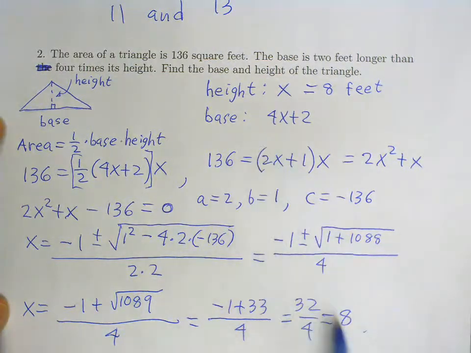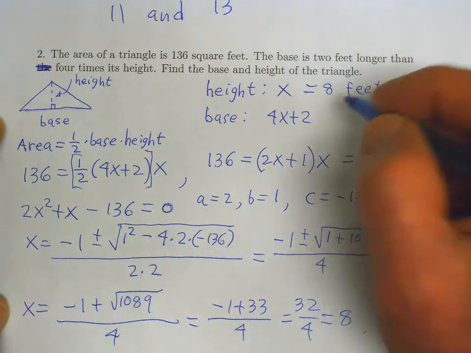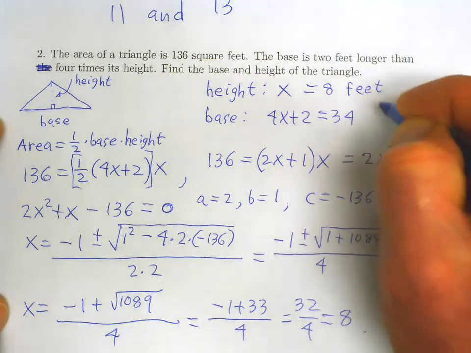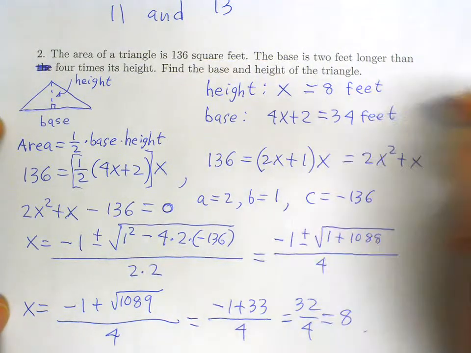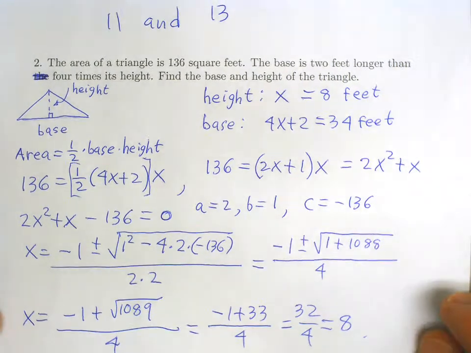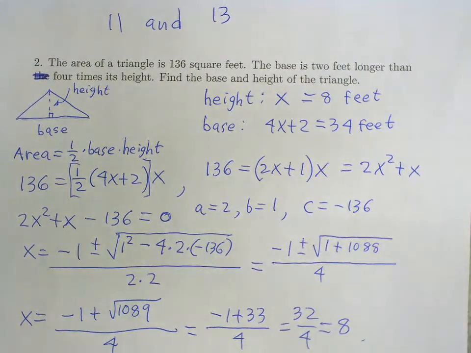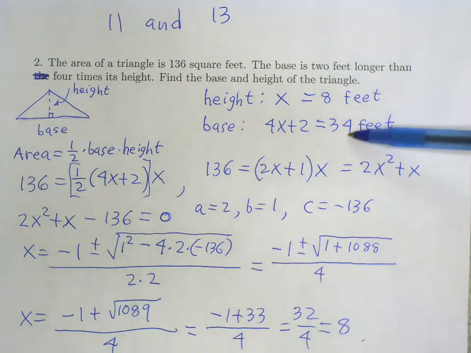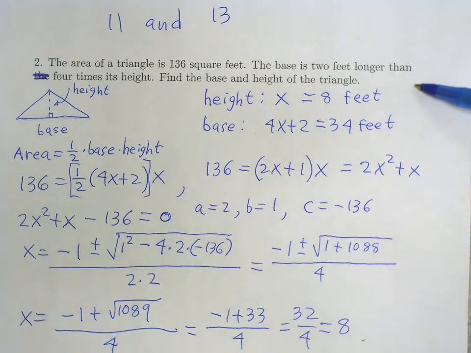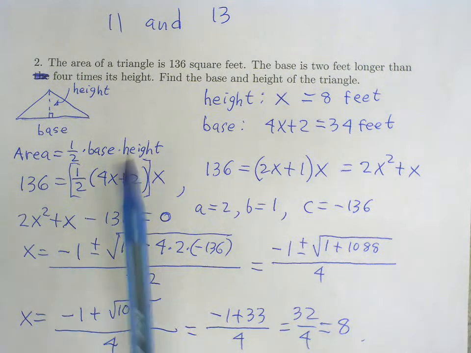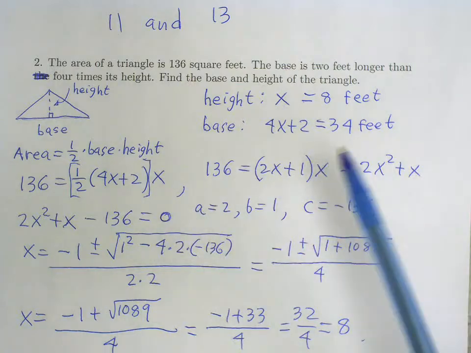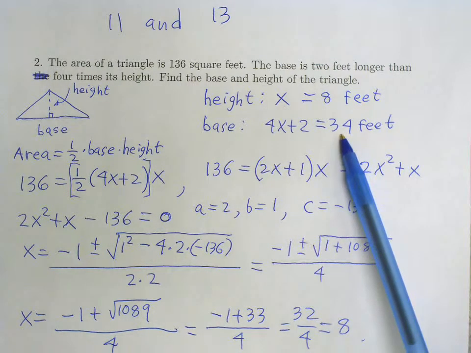And 4 times 8 plus 2, which is 34 feet, for the base. And then you can verify that those two numbers, 8 and 34, work in the problem. The area of the triangle is 1/2 times the base times the height.